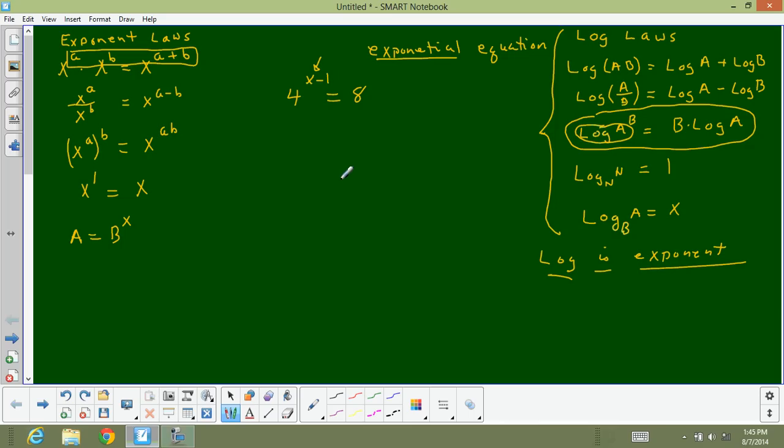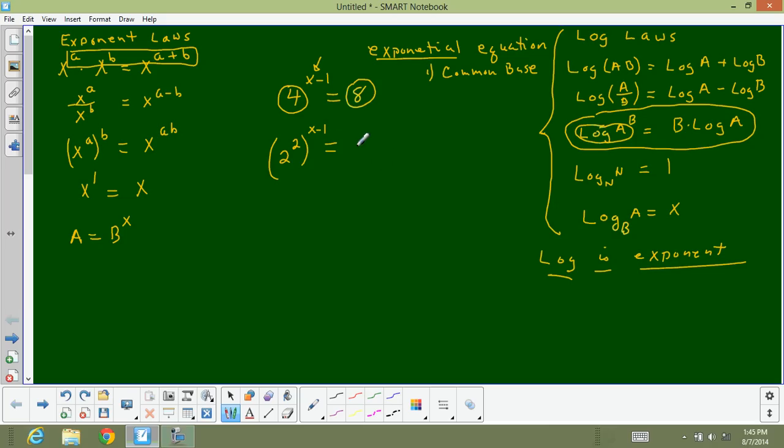Okay? So one technique to solve exponential equations is something called the common base technique. All right? Which just means you get the two base numbers, which are 4 and 8, to be the same thing. Now, you have to think, and again, it sort of comes down to numeracy. Are 4 and 8 exponentially connected? And they are. 4 can be written as 2 squared, and then that's being raised to the x minus 1 power.